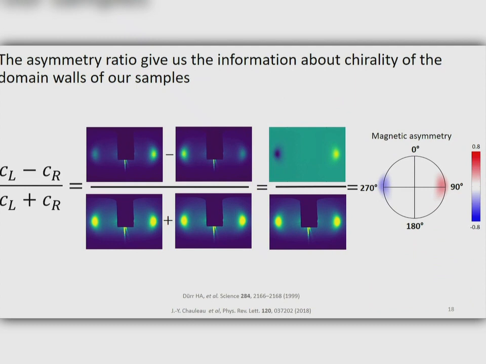This is a very nice work by John Eve, who took the Dürr works from 1999 and extended them, so that we can use the asymmetry ratio, which means the difference between the two patterns normalized by the sum. And it will give us an image in this way. You will have two lobes and they will have two signs.